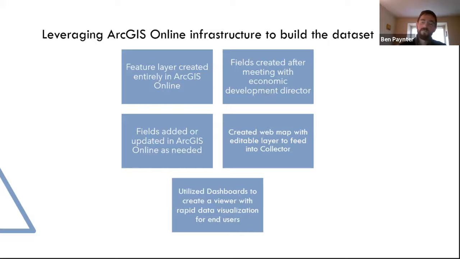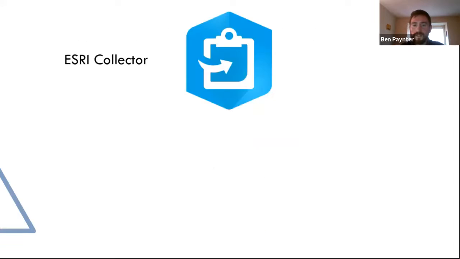So with the layer set up, we fed it into a web map, which can then be pulled up in the collector app on a mobile device, and as well fed into a dashboard, which I'll speak more to a little bit later.